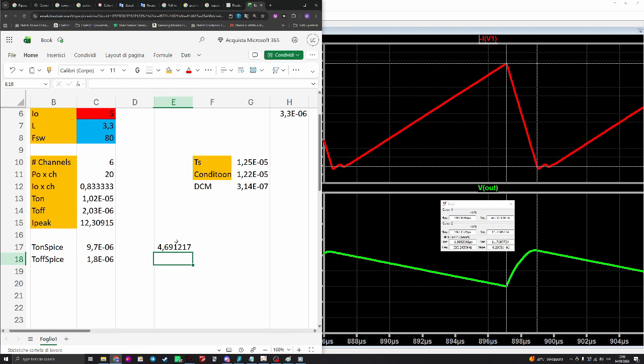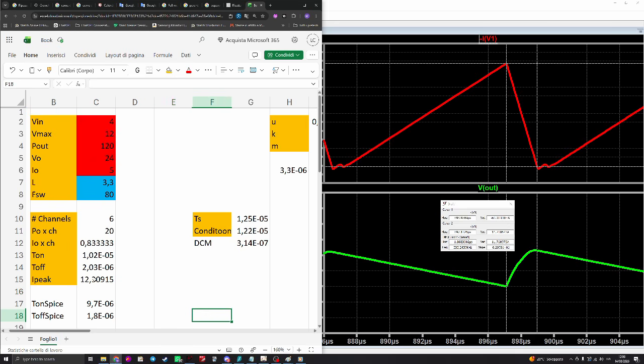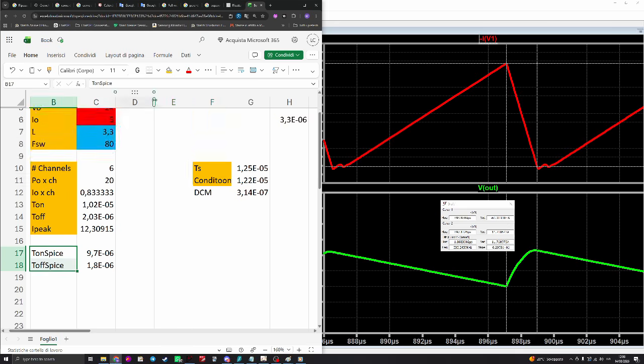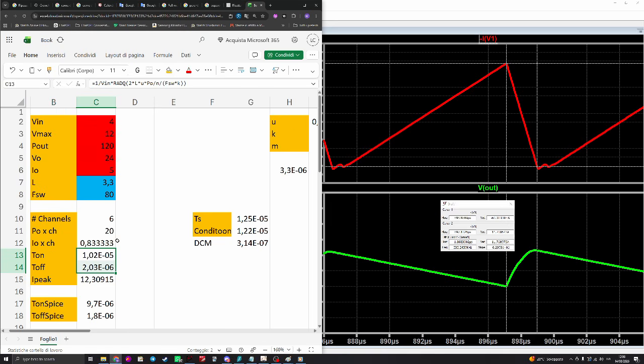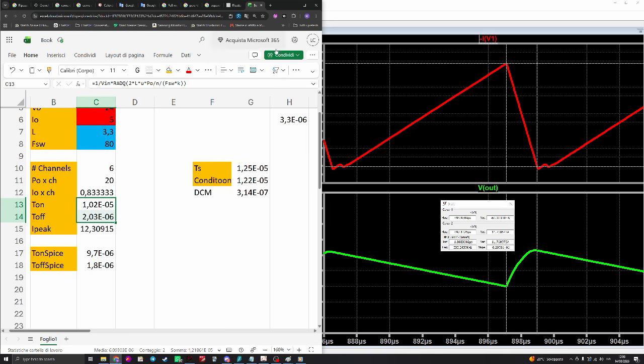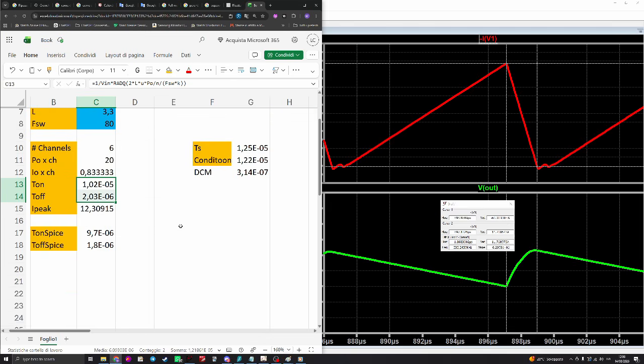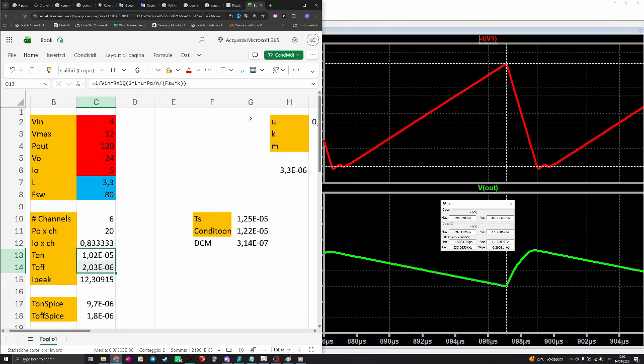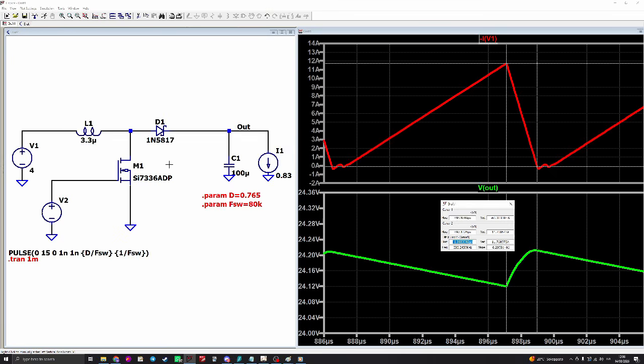Guys, 4%. I mean, it's not bad. It's not far from the reality. So it means that this quick design proved to be reasonable. Okay, at least now we have something to work on.